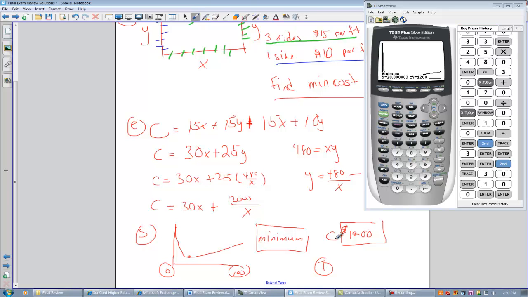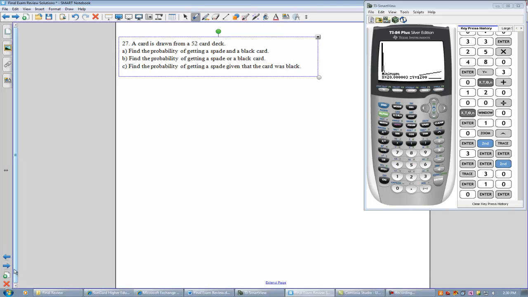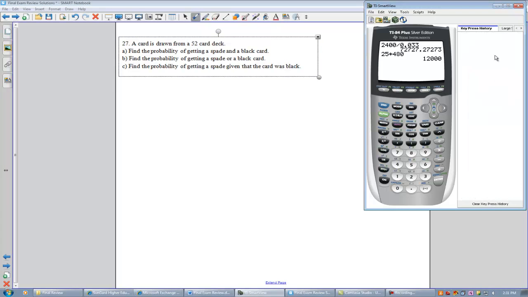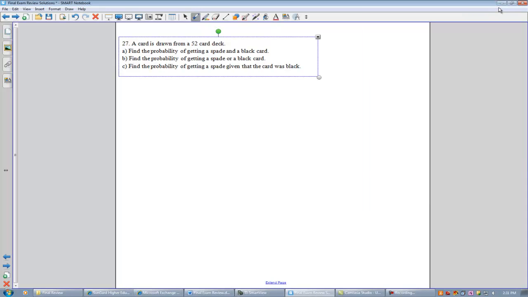All right, on the next question, 27, is a question about probability. So on here, it says a card is drawn from a 52 card deck, and we want to compute these different probabilities. So first, a probability of getting a spade, and the card is black. Right, and, here's our A actually.